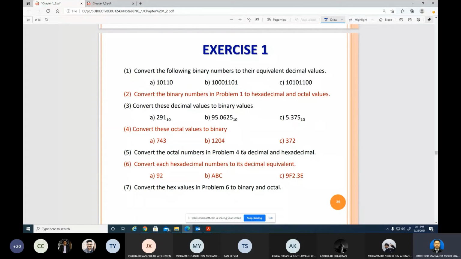If you have any problem, you can discuss it in the tutorial class. In the lecture, I will explain the theory and some examples. Then in the tutorial, we go through the tutorial questions one by one. Make sure you try this exercise after this.